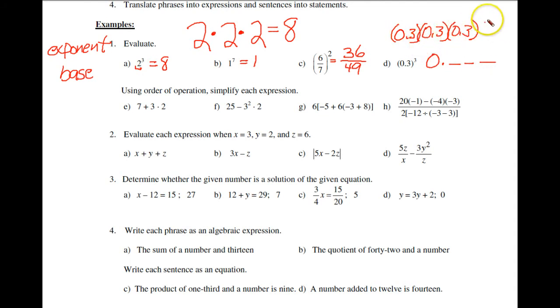So we can think of what is 3 to the third without the decimal. Well, that is 27. So we're going to need a 0 here and then a 27. And that's what 0.3 to the third is.